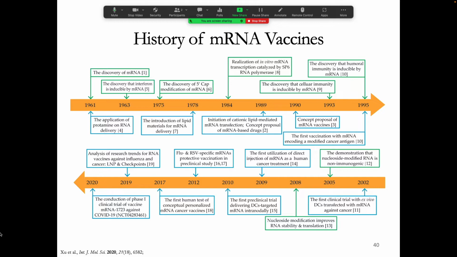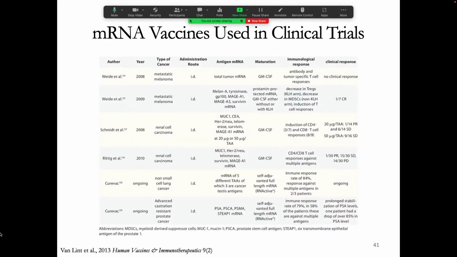And so you can see from 2002 to 2020, lots of different human trials of different types of mRNA-related vaccines. So sometimes when people are like, oh my gosh, this happened in 5 minutes. No, it didn't actually. People have been working on some of these things for long periods of time. These are other mRNA vaccines that have gone into clinical trials.